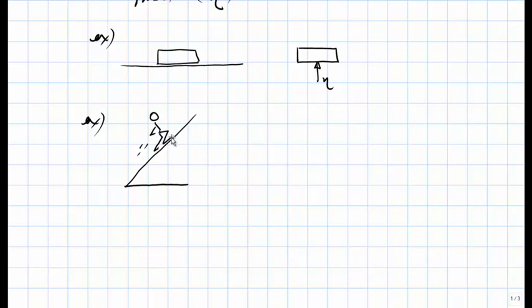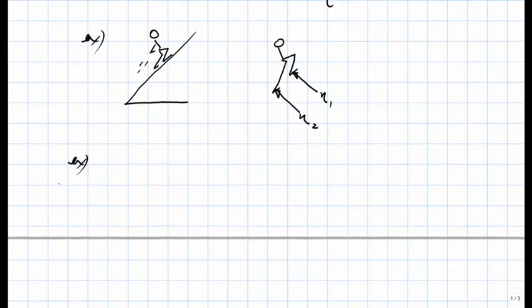The hill will exert a normal force against each of the soles of the shoes, and that force will be directed in a perpendicular fashion. So if we drew the hiker again, there are two normal forces, and they would look like this. We can call this normal force N1, and we can call this normal force N2.